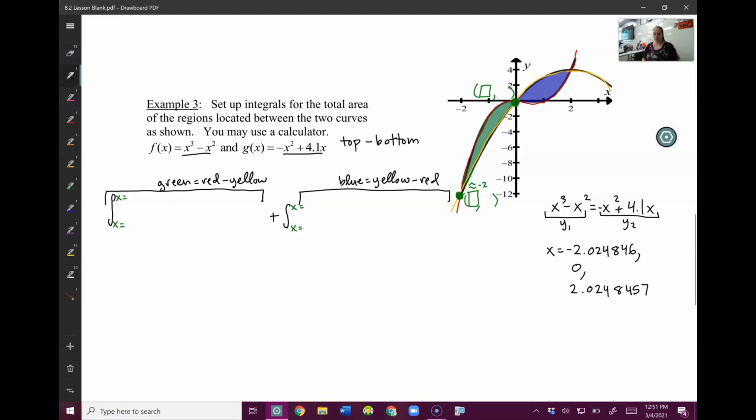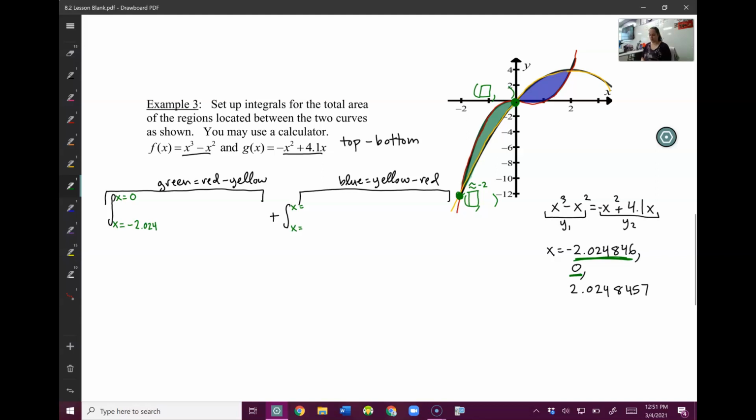Those are the three intersection points. So this one right there is this first one. And then that one is indeed 0. So my limits are going to be from -2.024 to 0. Okay, my limits are in terms of x.